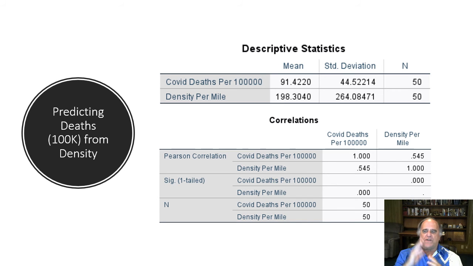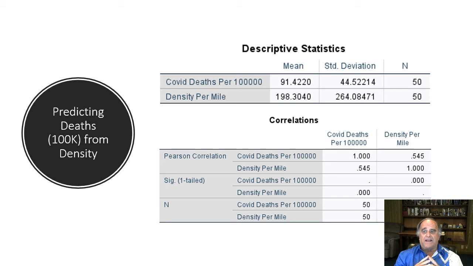If we look at our basic descriptive statistics, we can see, as we saw before in the correlation segment, the mean is about 91 COVID deaths per 100,000 across the 50 states. The density per mile is about 198 people per square mile.